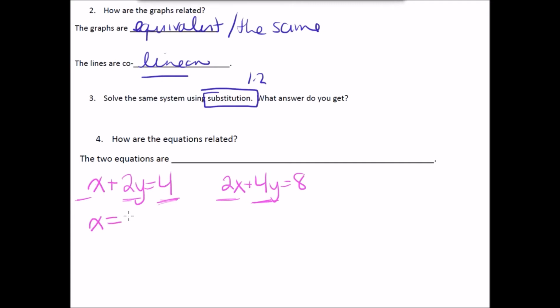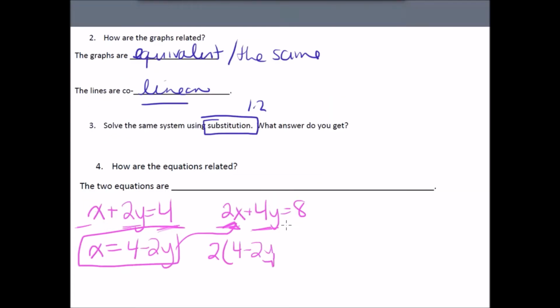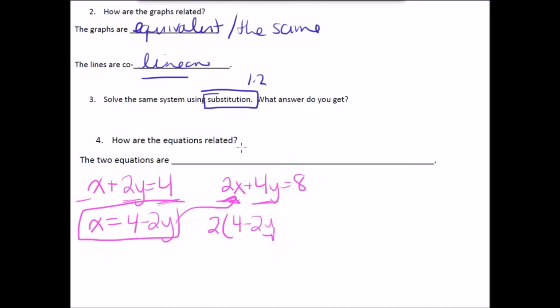Okay, so x equals 4 minus 2y. Let's sub that in to where that x is. So we have 2 times 4 minus 2y, plus 4y equals 8. When we distribute this 2 into the bracket, we get 8 minus 4y plus 4y equals 8.